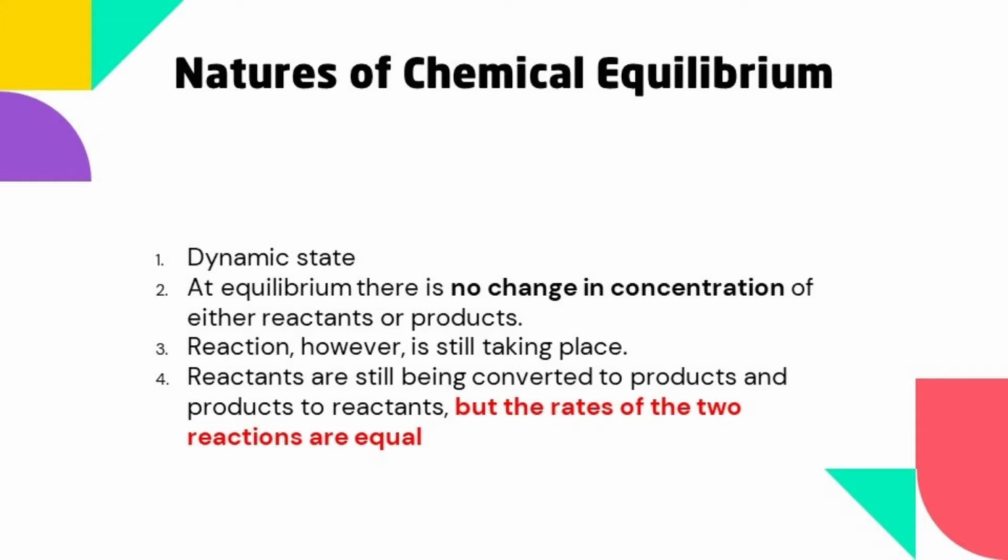However, the reaction is still taking place. The fourth item is reactants are still being converted into products and the products into reactants. But the rates of the two reactions are equal. So those are the principles or the nature of chemical equilibrium.